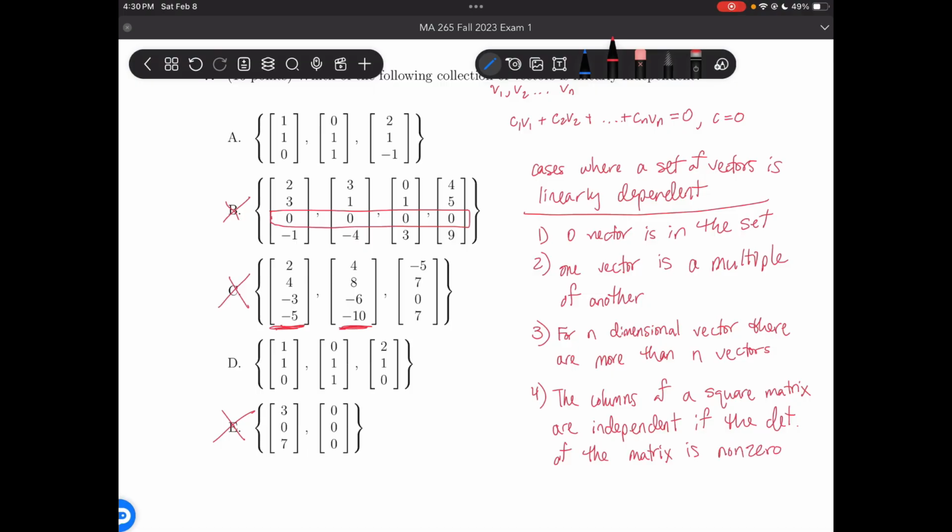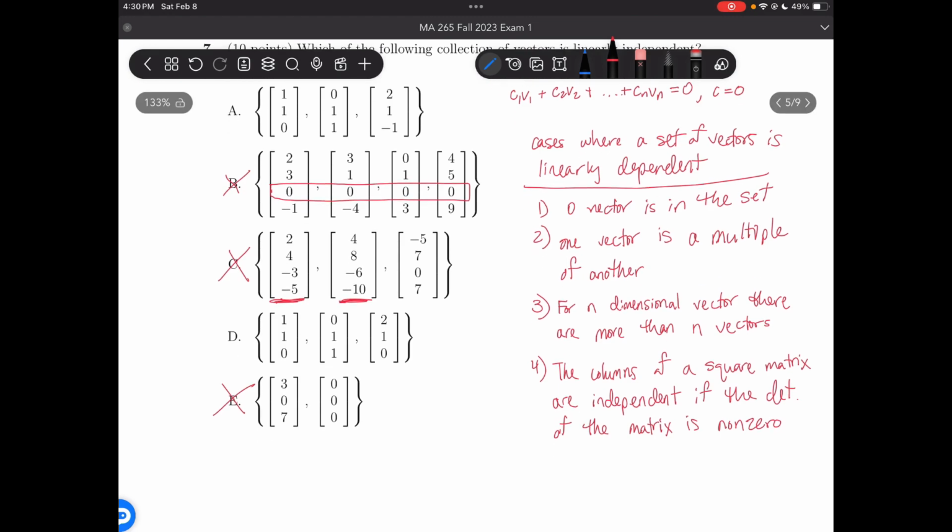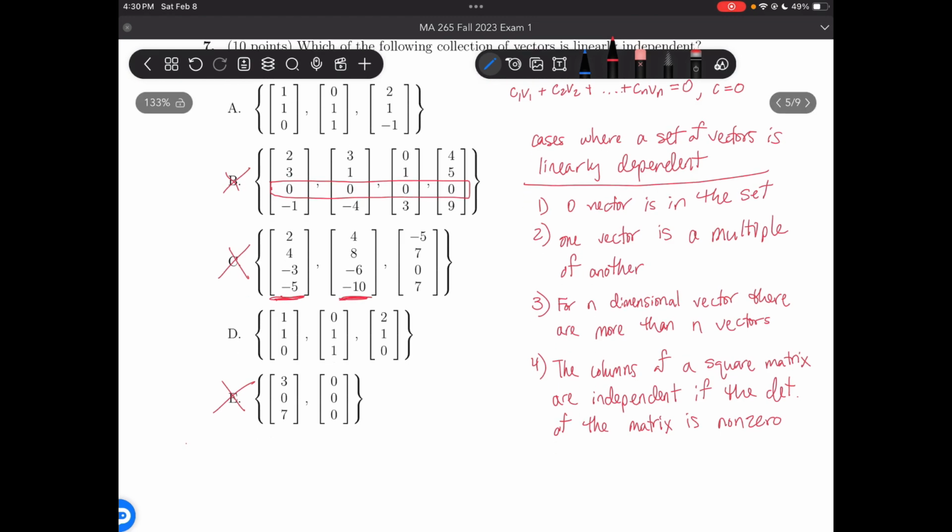So for options A and D, we can check if these 3 vectors are linearly independent or dependent by taking the determinant of the matrix that has these columns. So for option A, that matrix would be 1, 1, 0, 0, 1, 1, 2, 1, negative 1. And I can take the determinant of this.